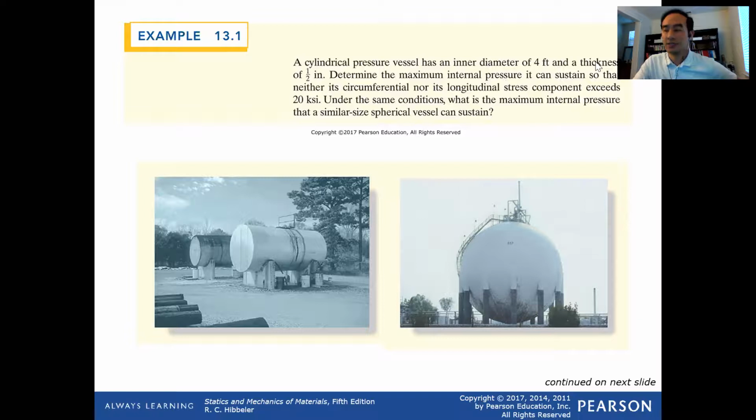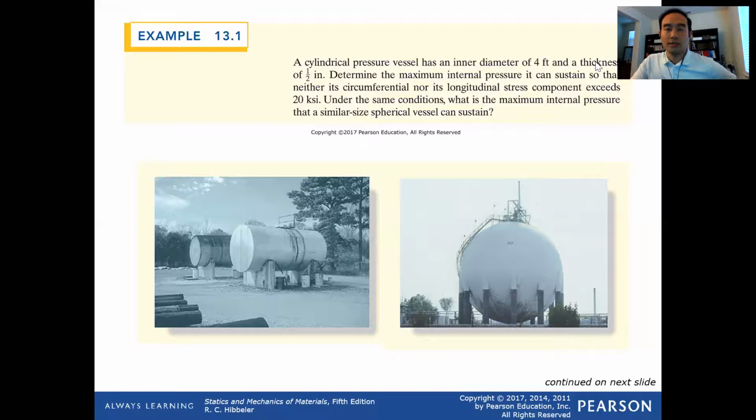So in this case, it is not the way we calculate sigma 1 or sigma 2. Sigma 1 is the circumferential stress, and sigma 2 is the longitudinal stress, because that's along the length of the cylinder, right?